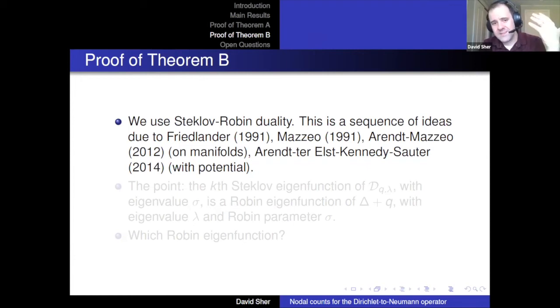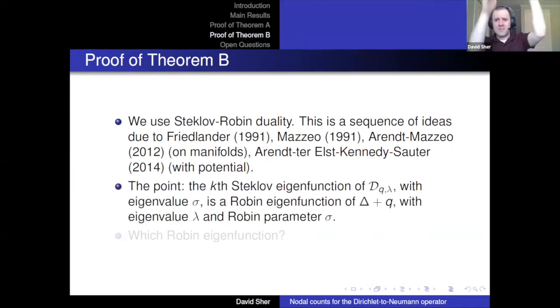What's the point? The point of all this is, as I illustrated with that picture earlier, the kth Steklov eigenfunction, for the Dirichlet-to-Neumann operator with eigenvalue sigma, is a Robin eigenfunction of delta plus q with eigenvalue lambda and Robin parameter sigma, right?